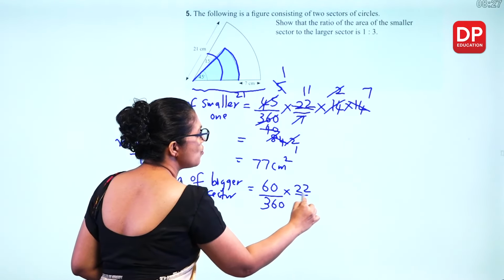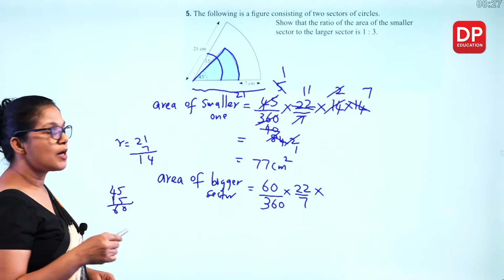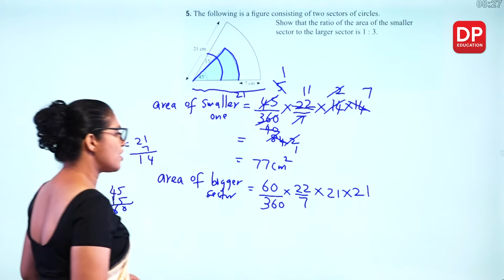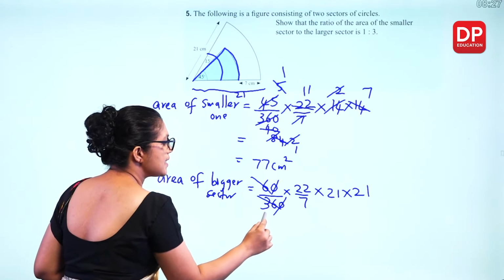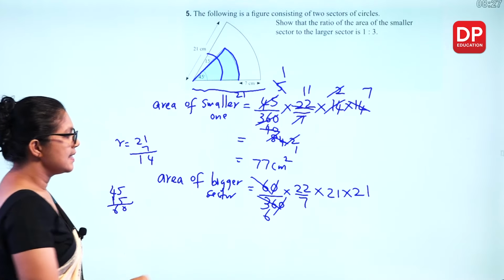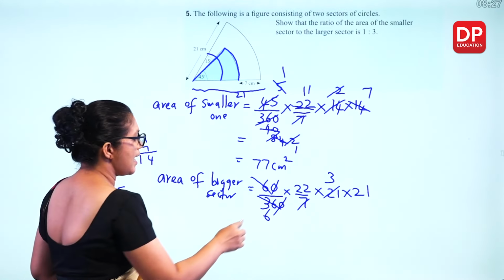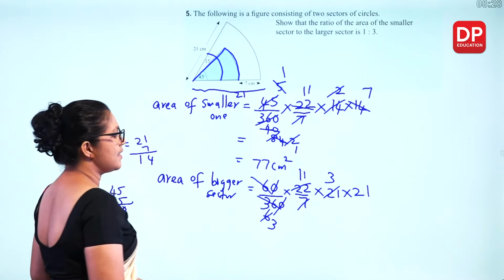Pi is 22 over 7. What's the radius? Radius of the bigger one is 21. Now try to simplify this. 0, 0 get cancelled out. 6 with 36, you get 6. 7 with 21, you get 3. And here, divide by 2, you get 3 here, 11 here.